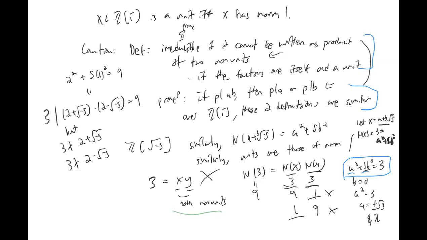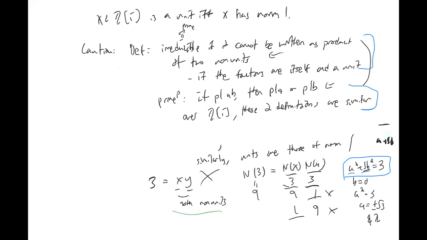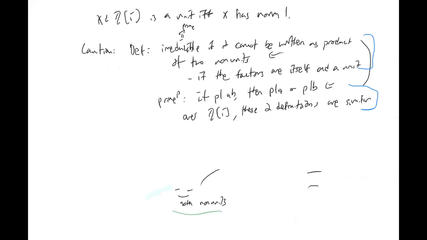I don't know what he wants, but you don't have to worry about this, because in the Gaussian integers, factorization is unique. Let me erase all this. The key point is that factorization is unique.